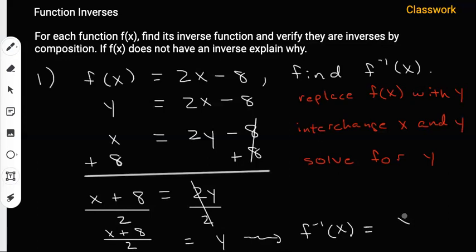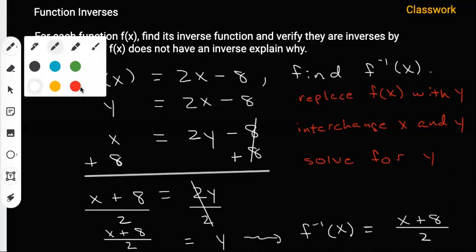So that's going to be x plus 8 all over 2. And we're done. That's our inverse function. So if our regular function was f of x equals 2x minus 8, then our inverse function is going to be x plus 8 over 2. And these functions kind of undo each other.